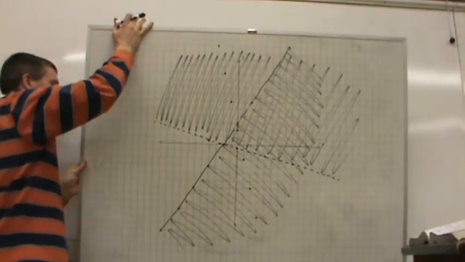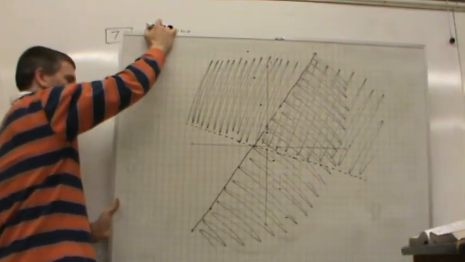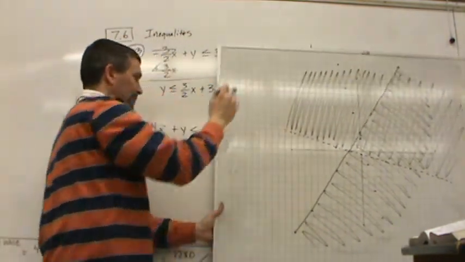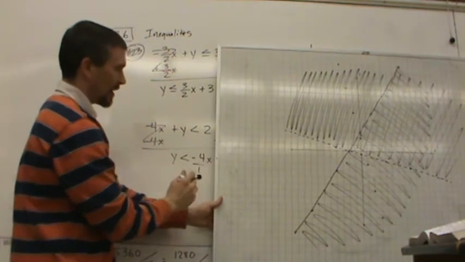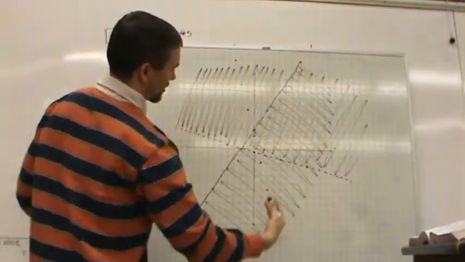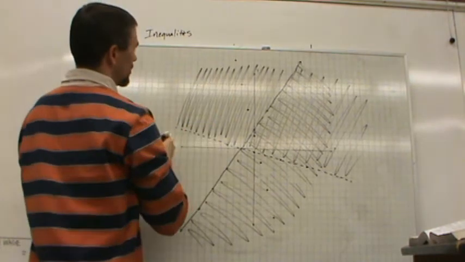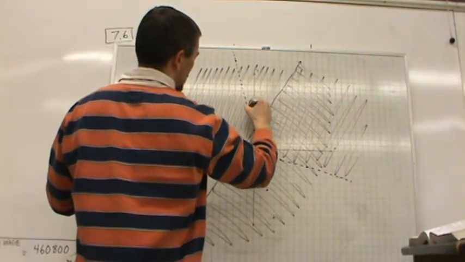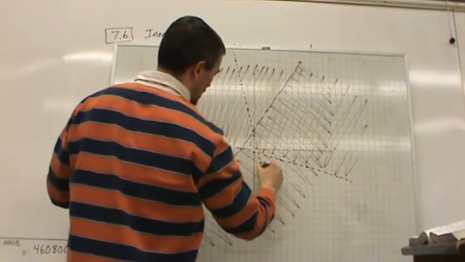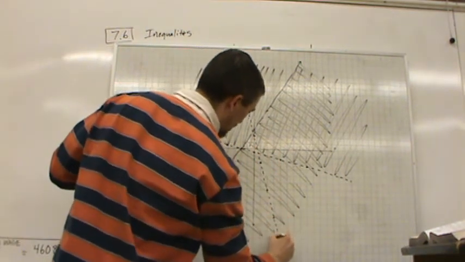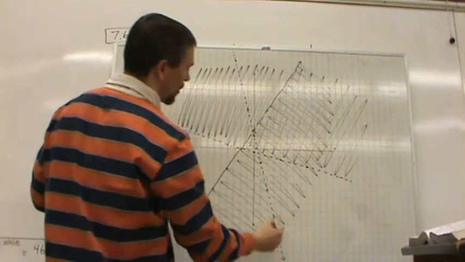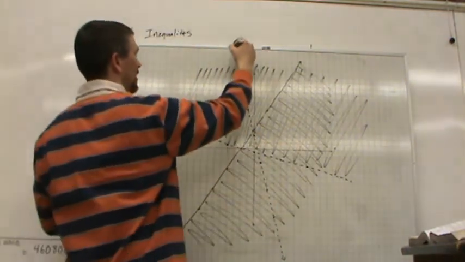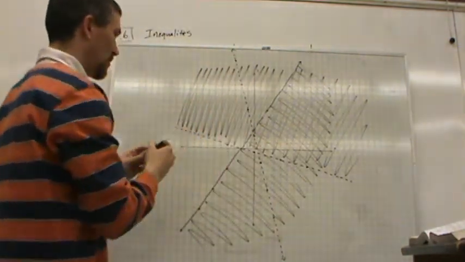And y is less than that line. So if the line is tilted slightly to the left there, and it doesn't say y is less than or equal to, it says less than, that means any point that's actually on the line is not included as part of the solution.